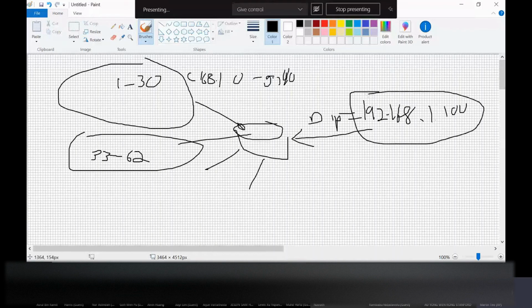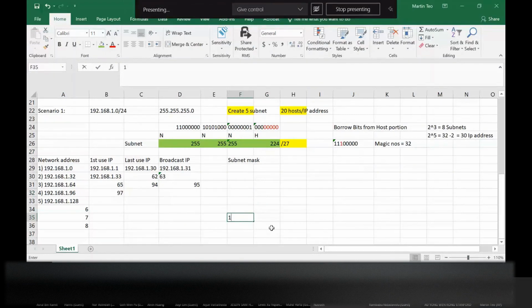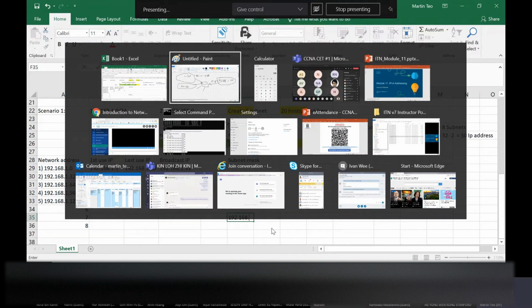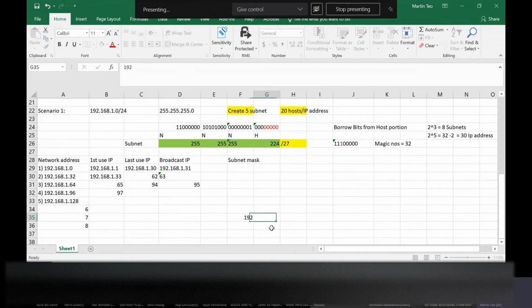You take this IP address and it will do an AND with our subnet mask, which is 255.255.255.224. And it will be able to know which subnet it belongs to. Then it can route out.